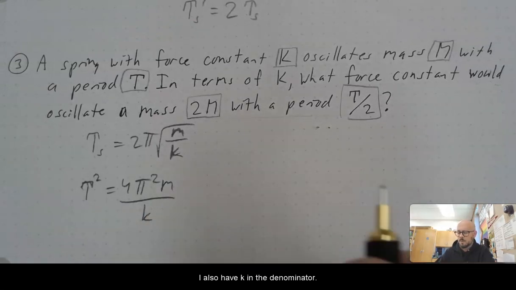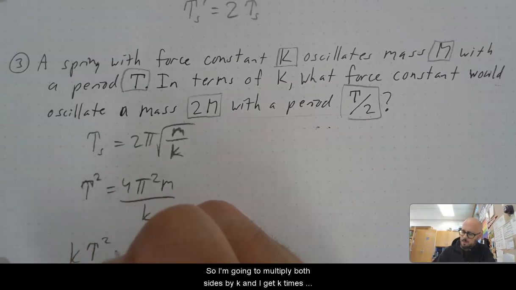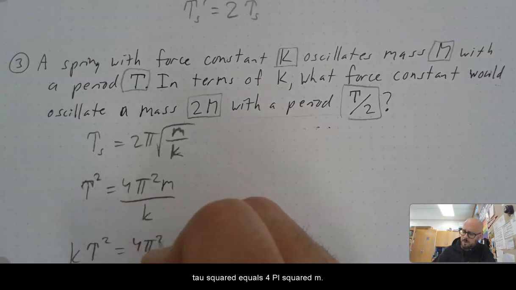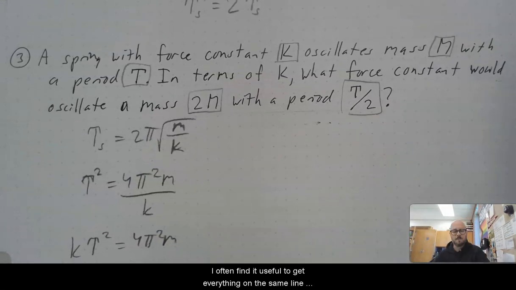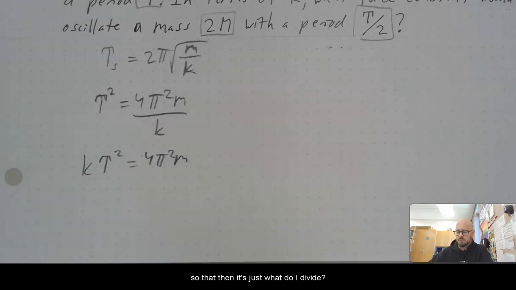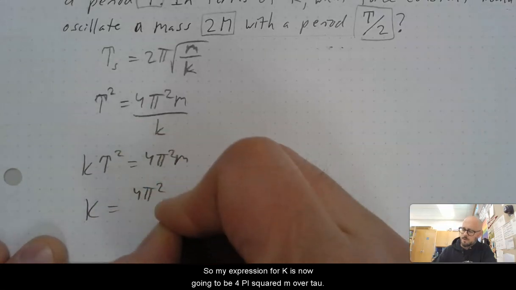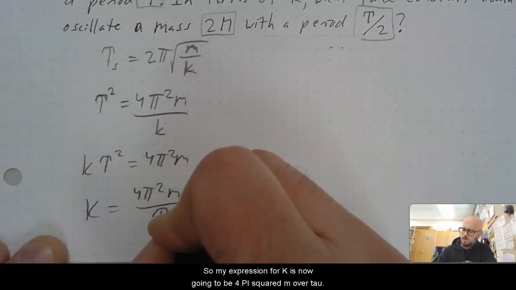I also have k in the denominator, so I'm going to multiply both sides by k, and I get k times tau squared equals 4 pi squared m. I often find it useful to get everything on the same line so that then it's just what do I divide, and that's it. So my expression for k is now going to be 4 pi squared m over tau squared.